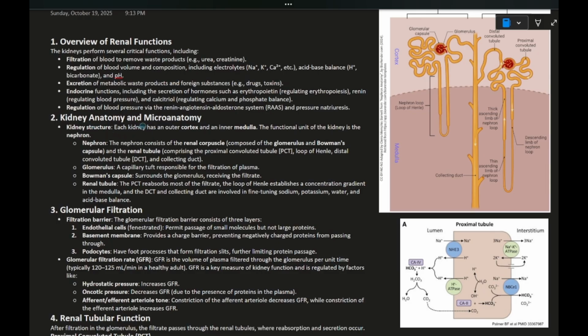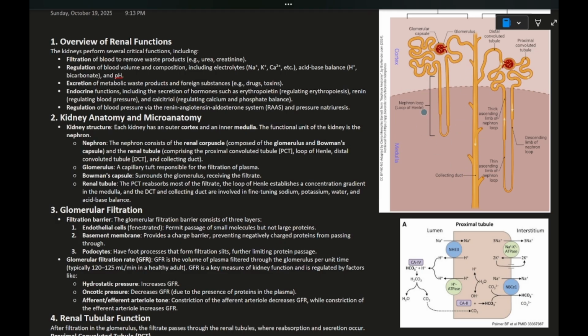Each kidney generally has an outer cortex and an inner medulla, where the cortex can be shown over here and then the medulla over here. And what we see over here is the functional unit of the kidney, which is called the nephron.